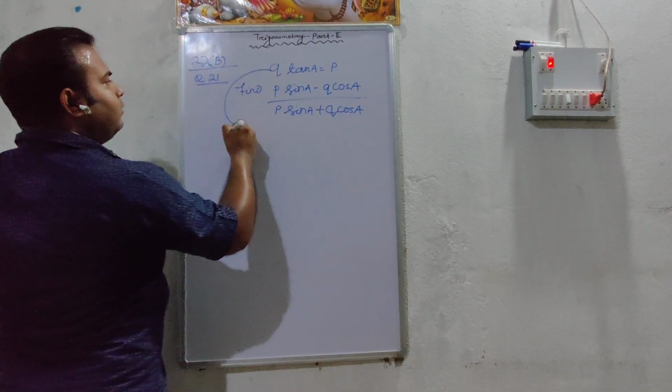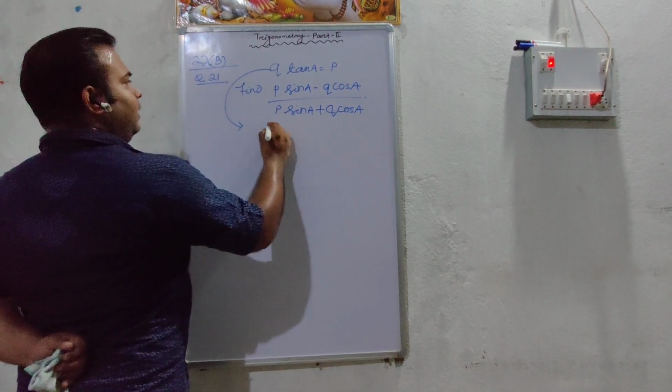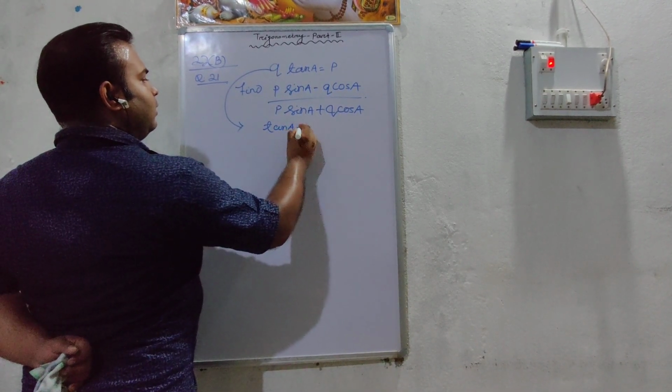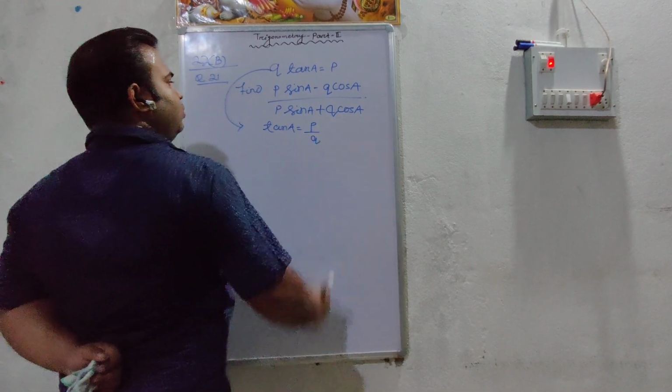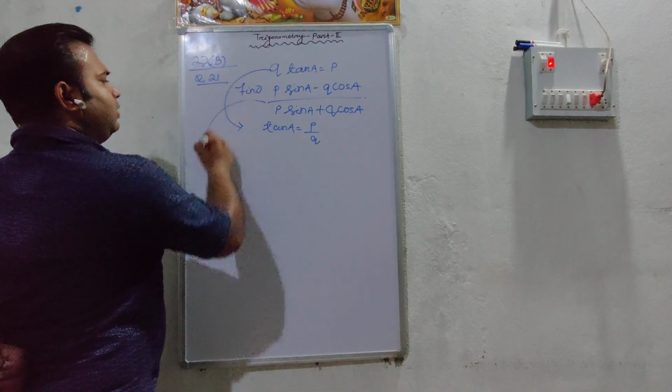We have Q tan A equal to P, then tan A equals what? Obviously P by Q. Now coming to this.